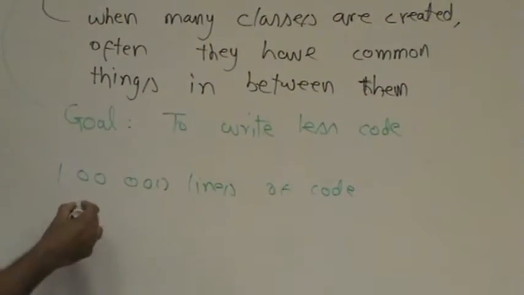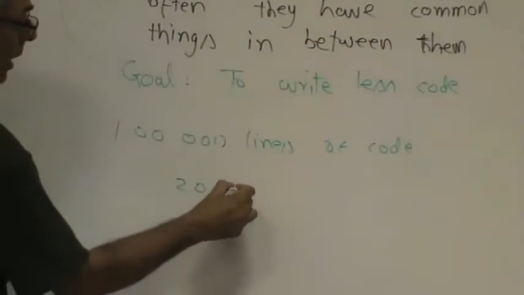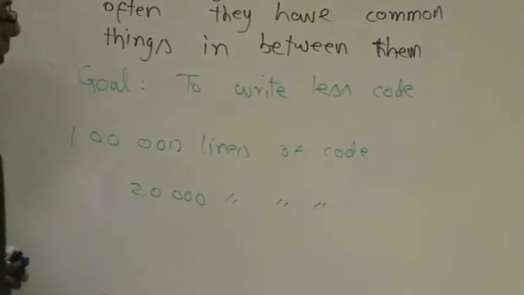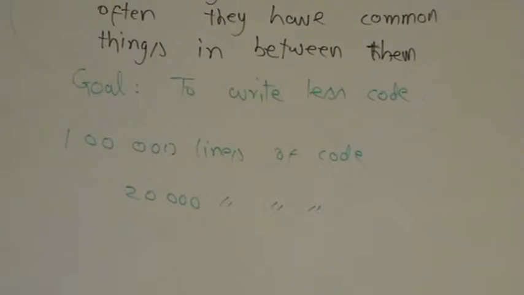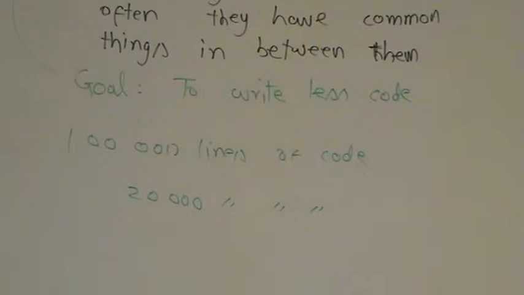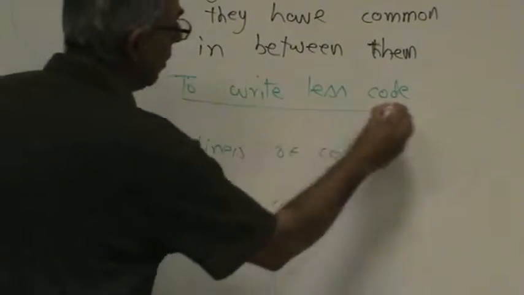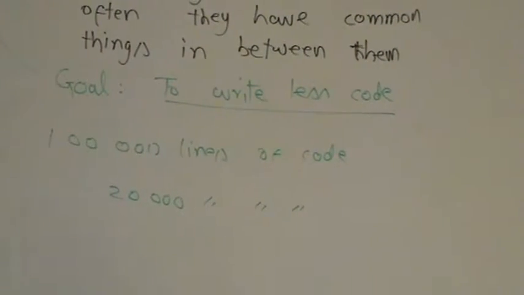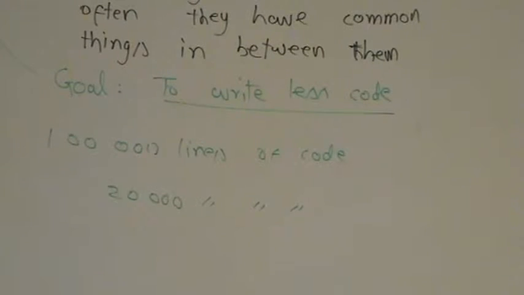Somebody creates the same application in 20,000 lines of code, okay? Which one is easier to maintain? Of course, the less lines of code, it's easier to see, easier to change, easier to modify. So that's why whenever we do programming, our goal is to write as less code as possible, right?